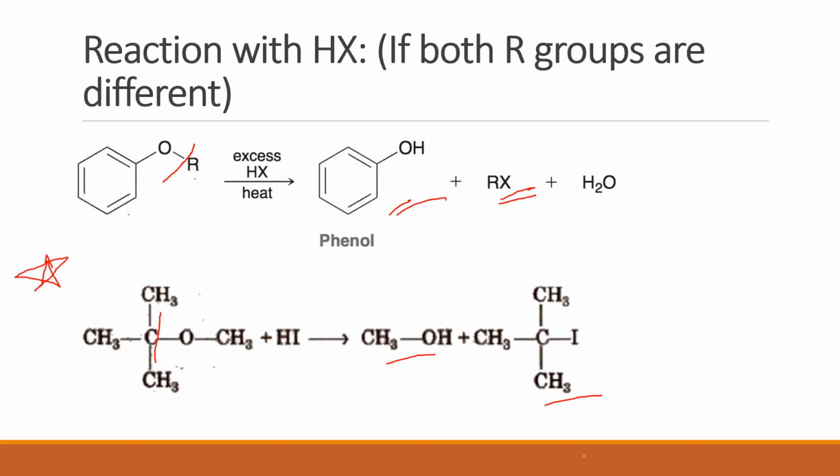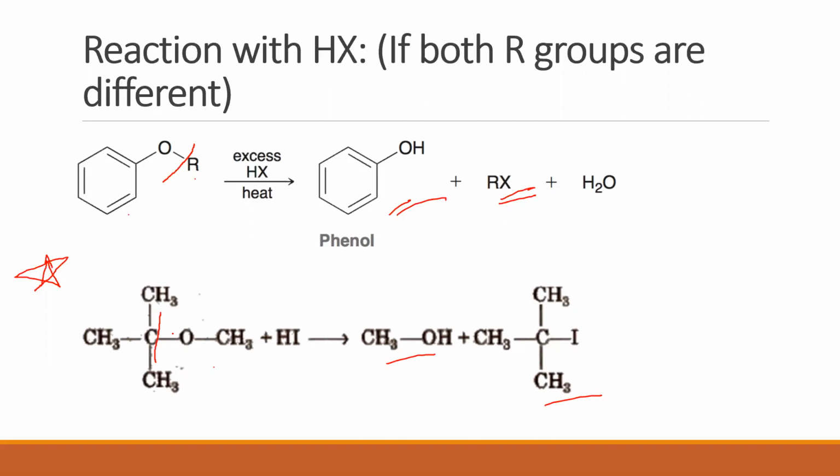Why is it so? The answer lies in the stability of carbocations. Now, when you look at the cleavage here, after this cleavage, what is the carbocation you get? Yes, you get a tertiary carbocation. Now, tertiary carbocation is the most stable carbocation. This is something that we studied last year and in the previous chapter as well.